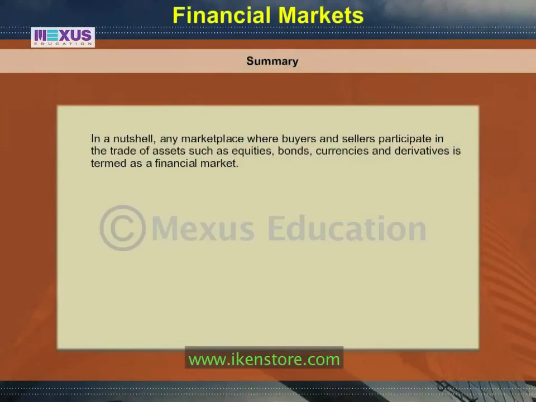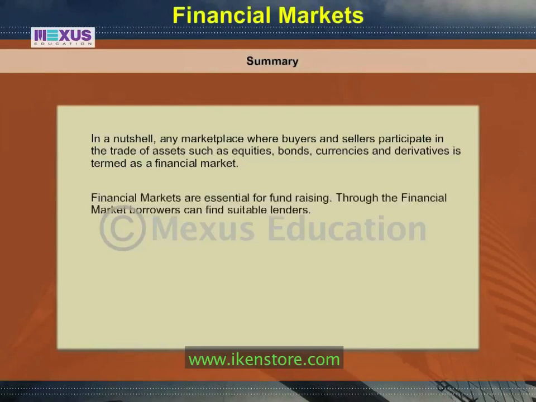In a nutshell, any marketplace where buyers and sellers participate in the trade of assets such as equities, bonds, currencies and derivatives is termed as a financial market. Financial markets are essential for fundraising.